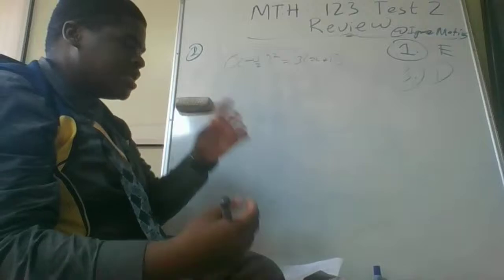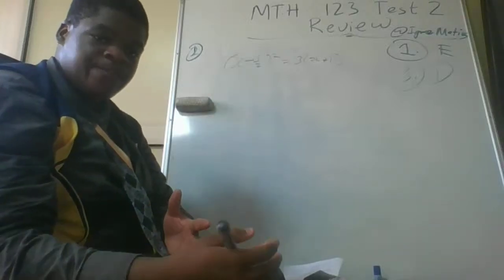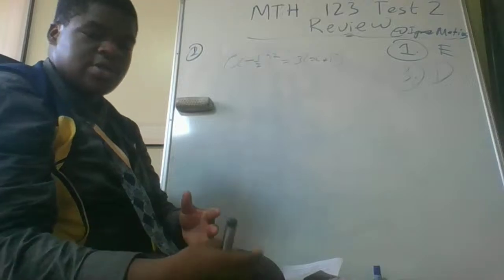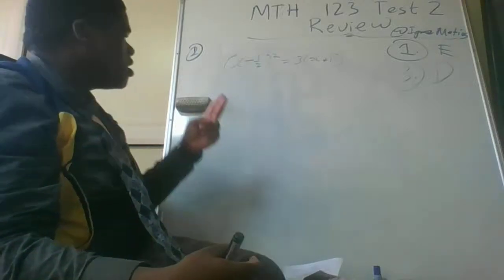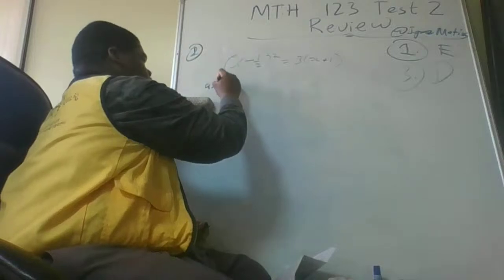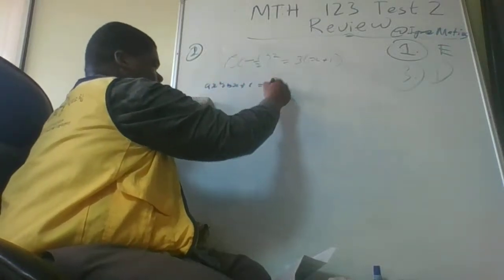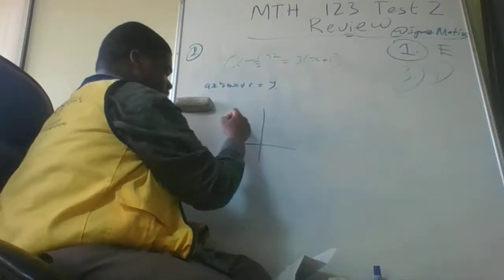But if you're just having ax squared plus bx plus c is equal to 0, you are just solving a quadratic equation that will give you two solutions. Let's say you draw the parabola of ax squared plus bx plus c is equal to y, and the parabola that you get is like this.